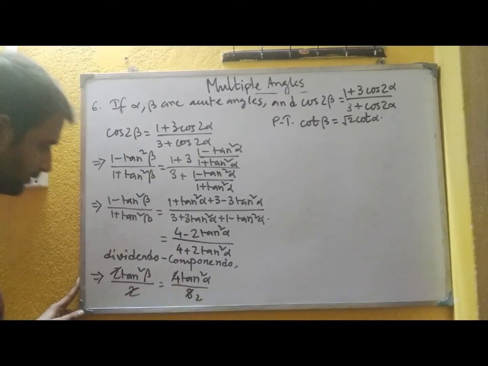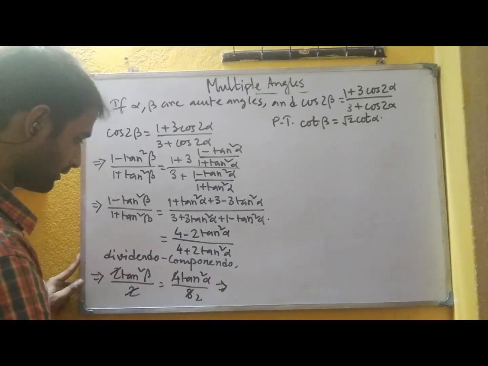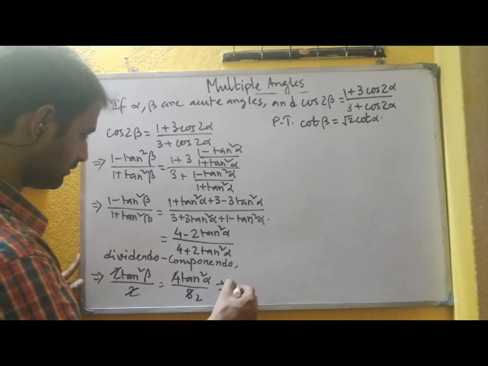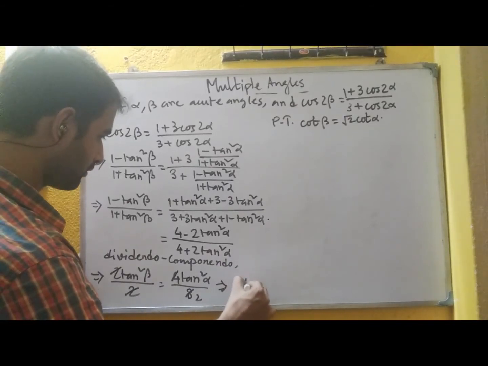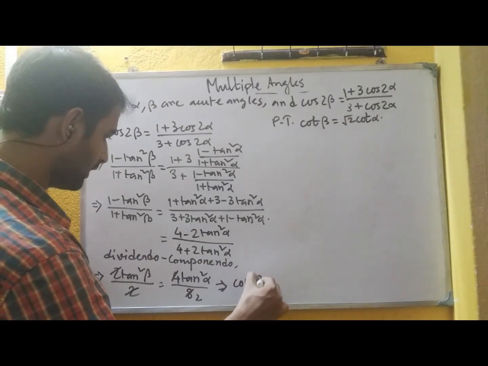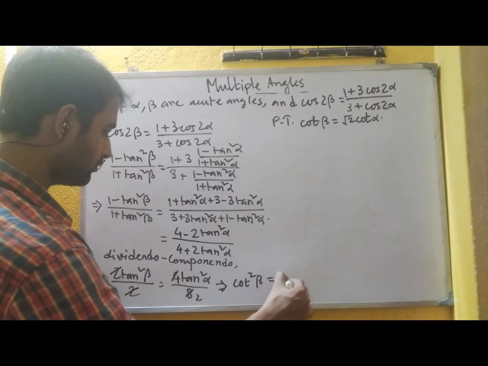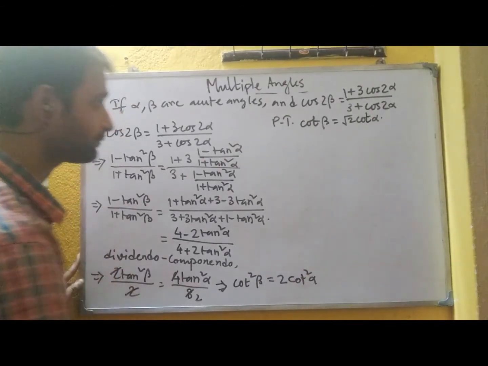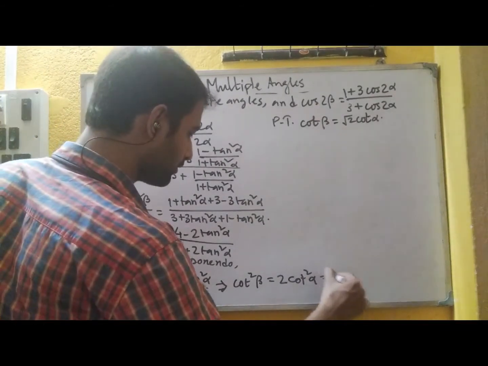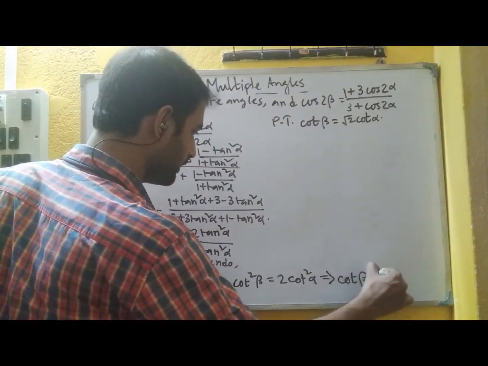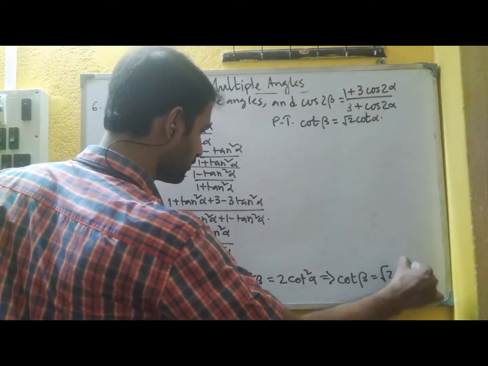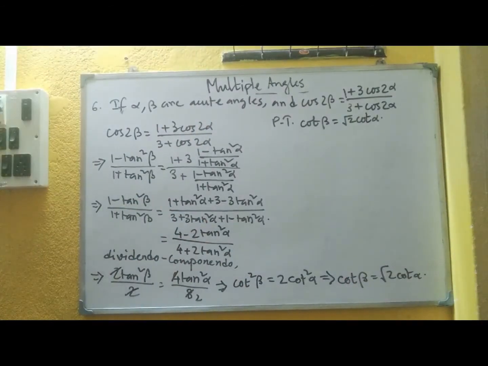So after cancelling out the factors, we are getting cos square beta equal to 2 cos square alpha. And after taking the square root, we are getting cot beta equals root 2 times cot alpha. And we are proved. So it was a simple sum. A very good use of dividendo componendo and the formula of cos 2 beta.